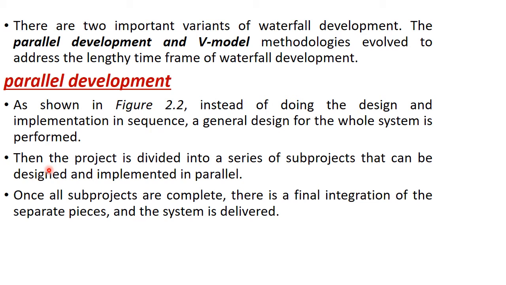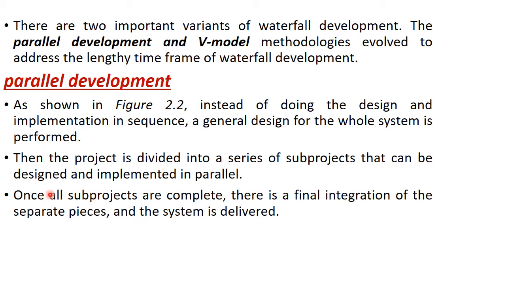In parallel development, the project is divided into a series of sub projects that can be designed and implemented in parallel. It means that we divide our project into sub projects, and we work on the design and implementation of all sub projects at the same time.